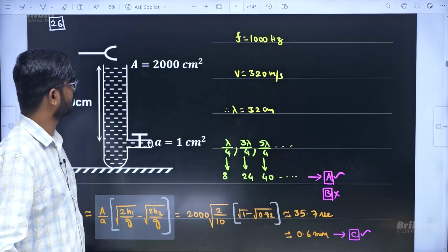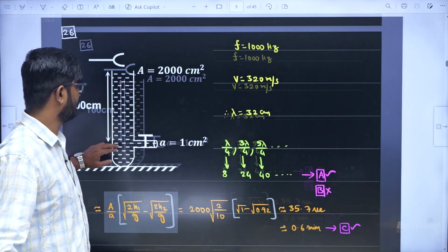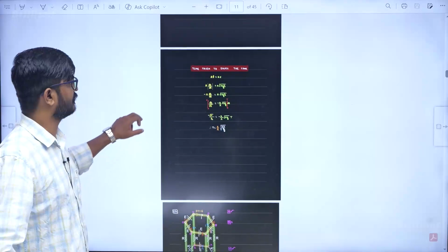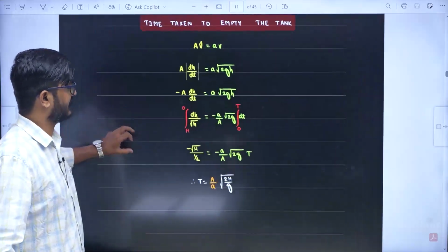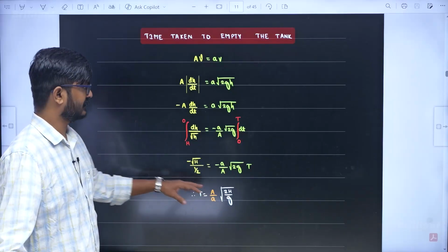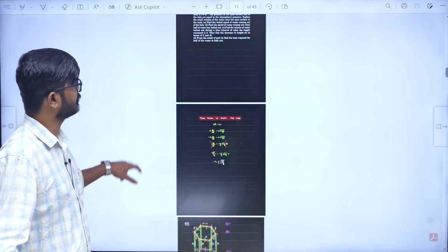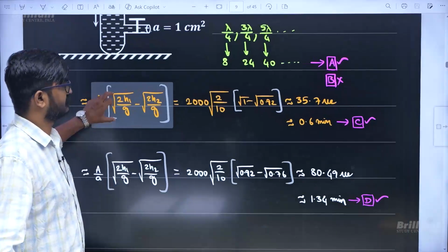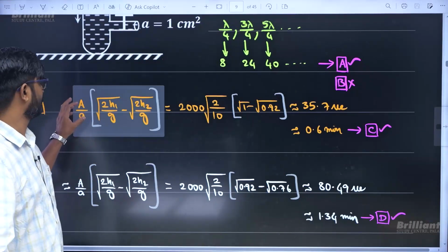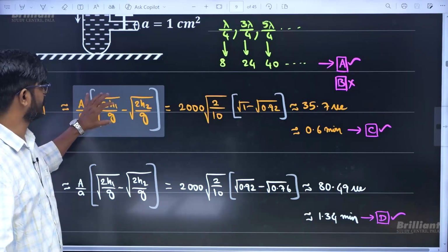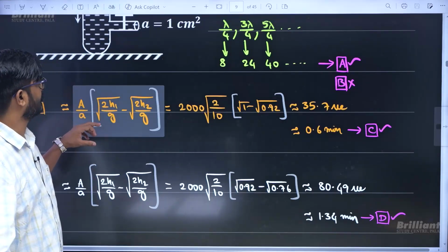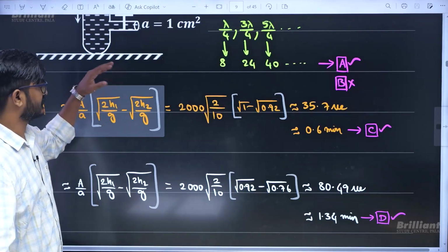First resonance occurs. So in order to remember the formula, you can do roughly the calculation of time taken to empty the tank, which is easy to remember, though it is not correct, but remembering this is going to help us in making out this formula easily. So the time taken to empty the total is this into this, where h is 100 centimeter, and the time taken to empty from 92 centimeter is this much.